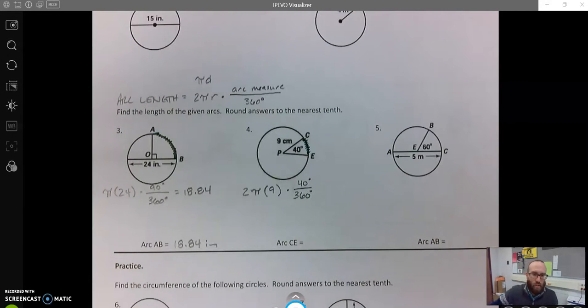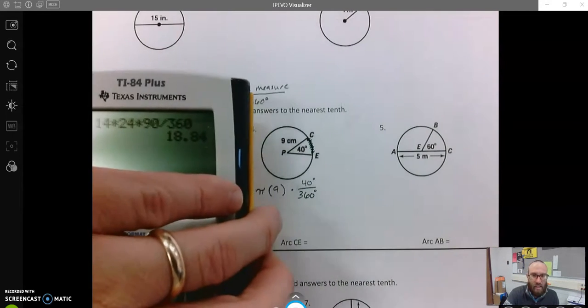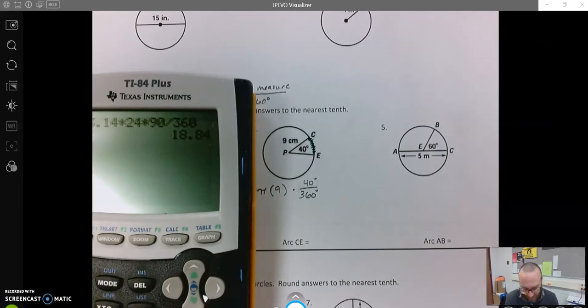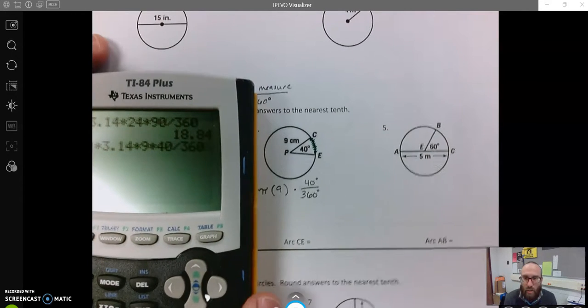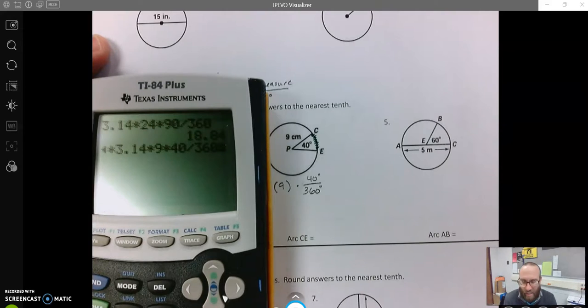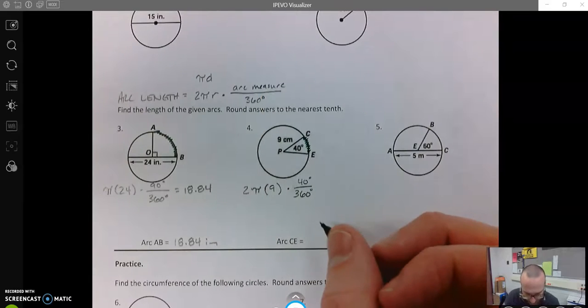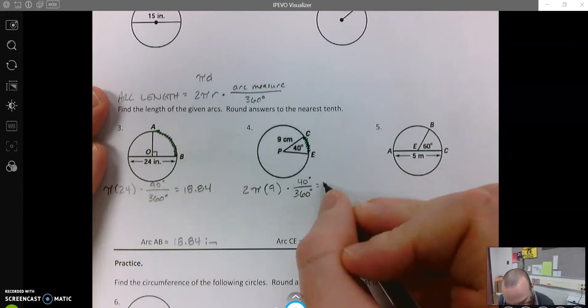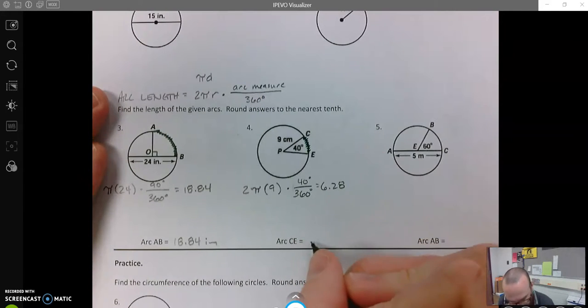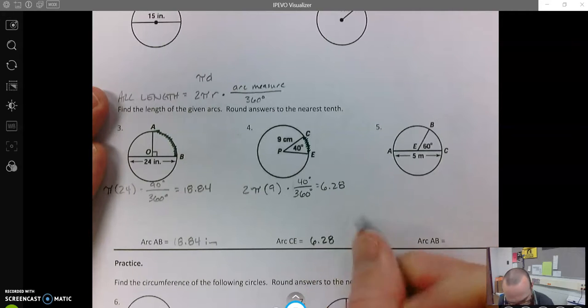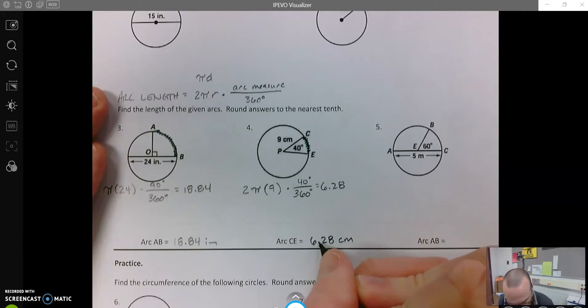That is the portion of the circle that the arc is, so we're going to have it be the same portion as the circumference. So 2 times 3.14 times 9 times 40 divided by 360 all at once. Sorry, you can't see all that because it's off the screen. Gets me 6.28. And again, because I'm using 3.14 and I don't have to round, I can leave it right at 6.28 centimeters.